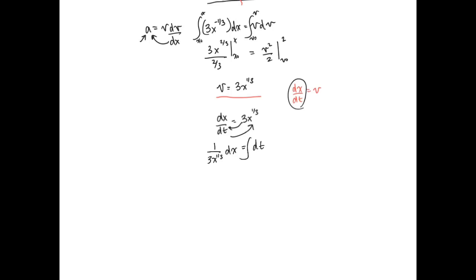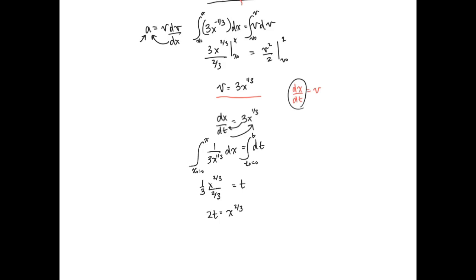Now we can integrate both sides again, going from t naught equals 0 to t, and x naught equals 0 to x. So we end up with 1/3 x to the 2/3 divided by 2/3 equals t. If we rearrange this, we end up with 2t is equal to x to the 2/3.